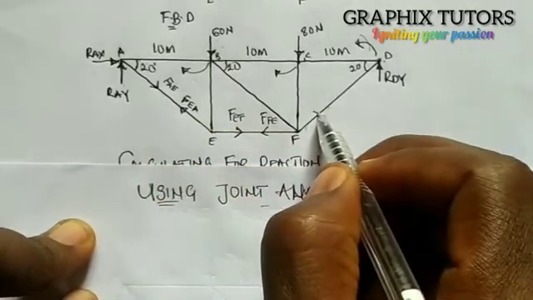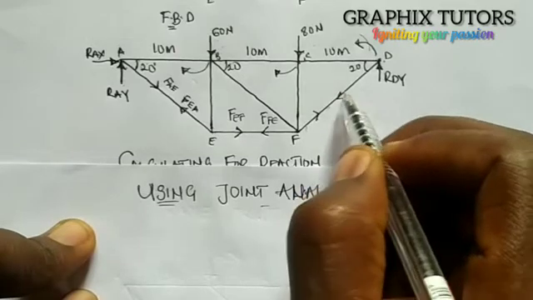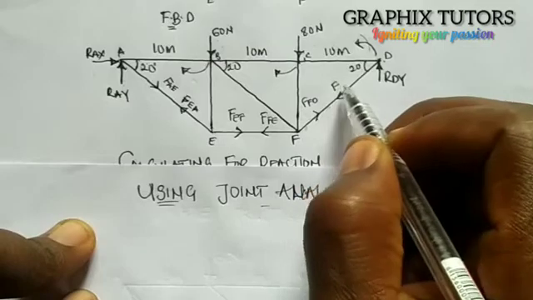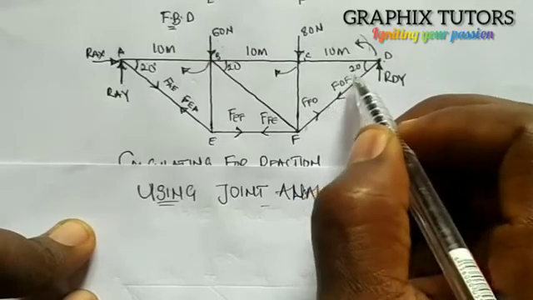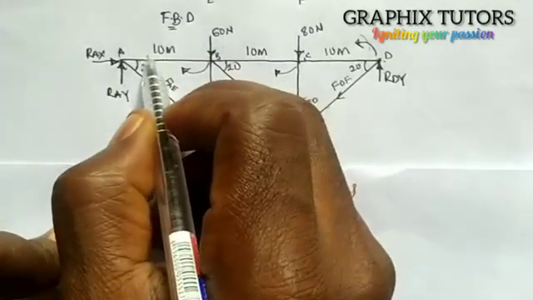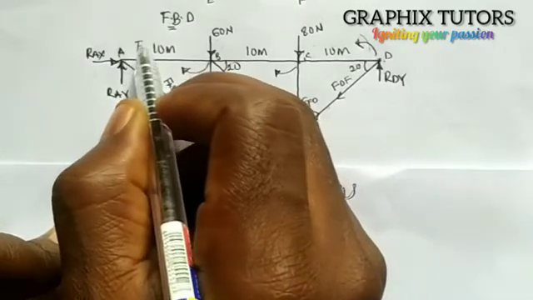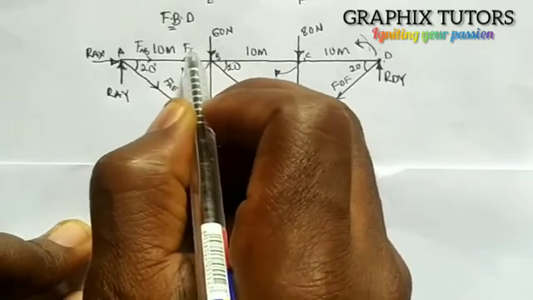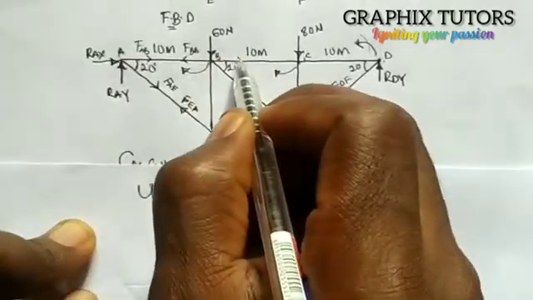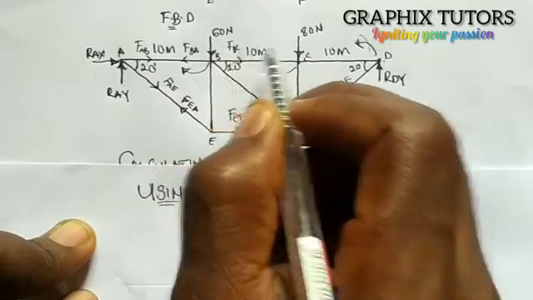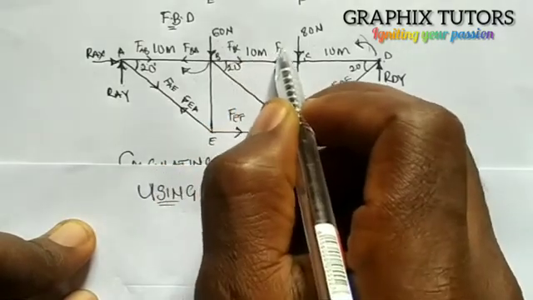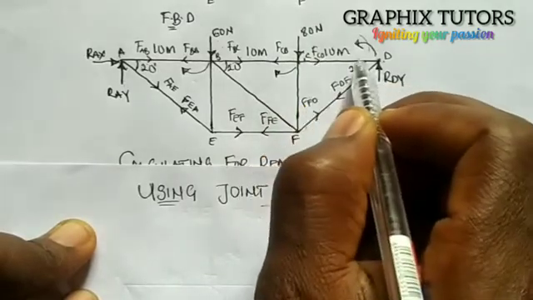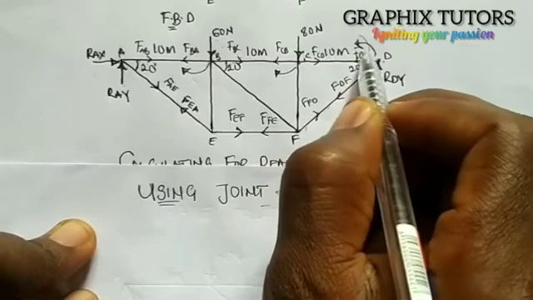Here also we have this and we have this. This will be FDF. Here will be FDF. Here also, if I place it here, I have FAB, and here I have FBA. Here I have FBC, and I have FCB. Here I have FCD, and here I have FDC.